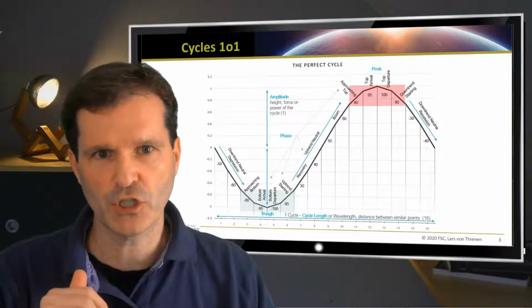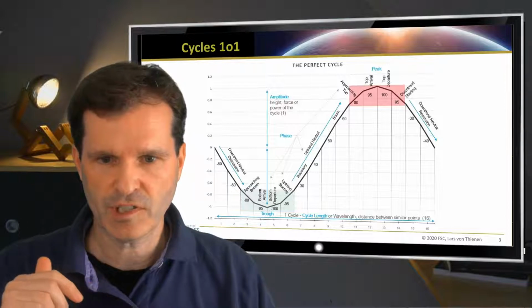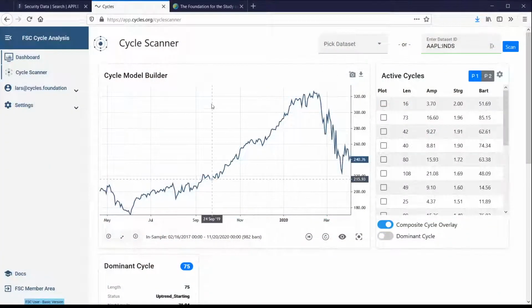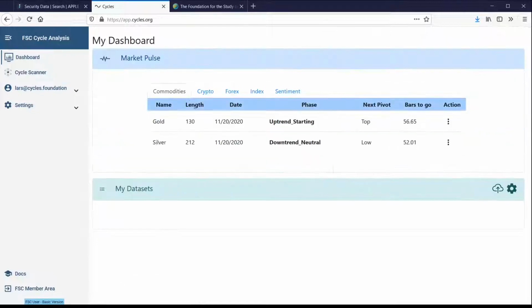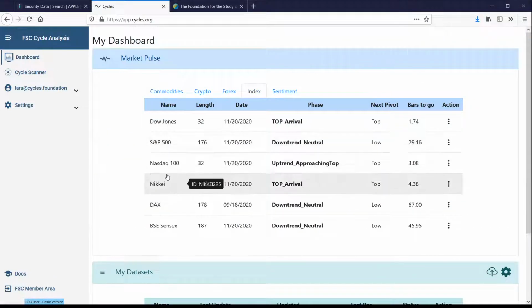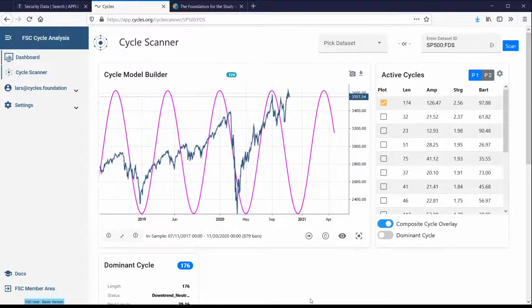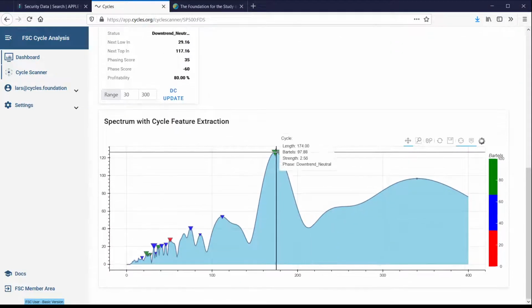So let's switch to the analyzer for a second. Let's just open a simple chart on the S&P 500, activate the cycle, or go to the scanner and scroll over the high here, and you will see that the phase is now written as downtrend neutral.